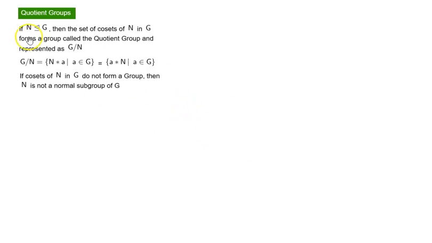If it forms a group, then N is a normal subgroup of G. And if it doesn't form a group, then N is not a normal subgroup of G.